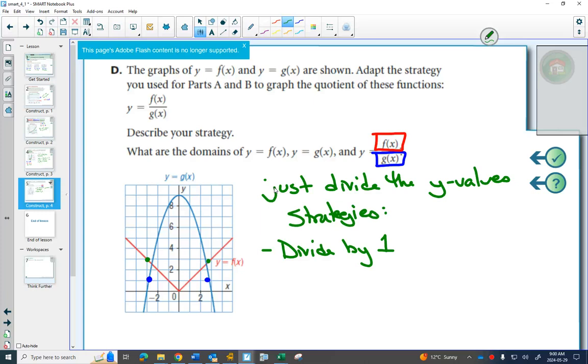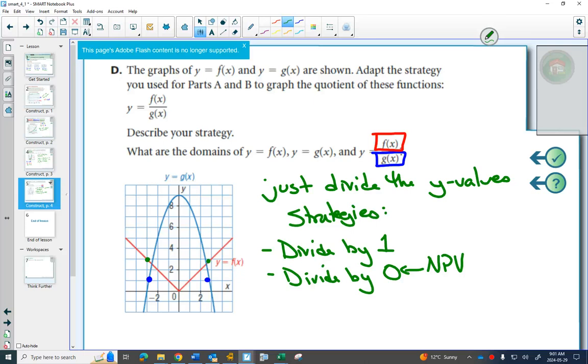Can you divide by 0? We're going to write this down. What happens when you divide by 0? We just did. Dividing by 0 is not 0. Dividing by 0 is not allowed. That's a non-permissible value. What happened in our rational unit when we had non-permissible values?